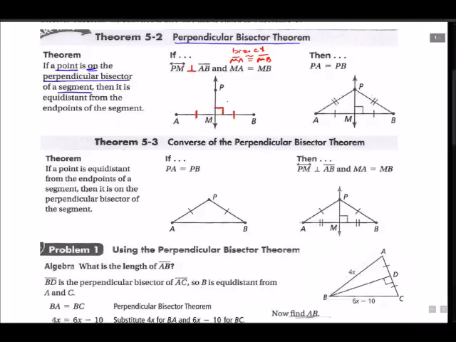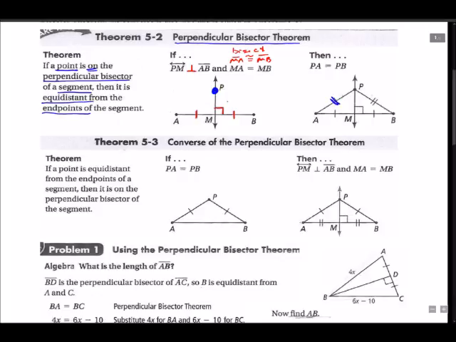So we have a perpendicular bisector of a segment. And what we are going to do is choose a point on the line that is the perpendicular bisector. So let's go back to our requirement. If a point is on the perpendicular bisector of a segment, then the point is equidistant from the endpoints of the segment.